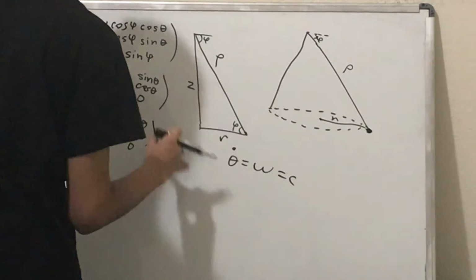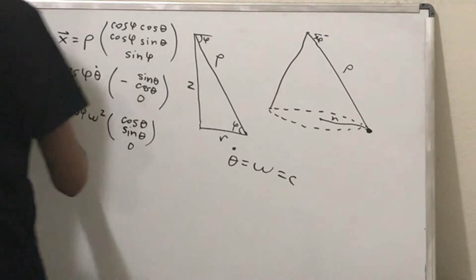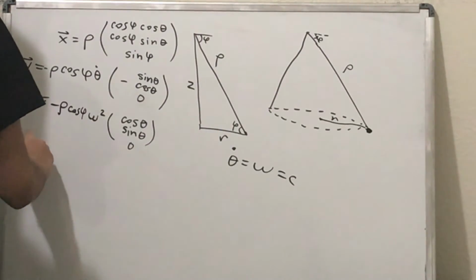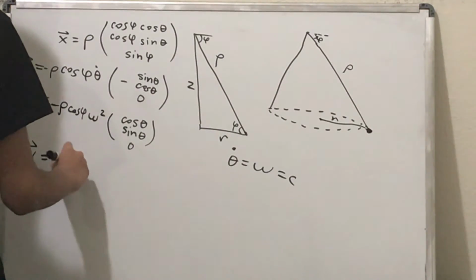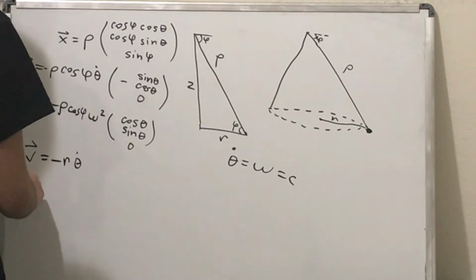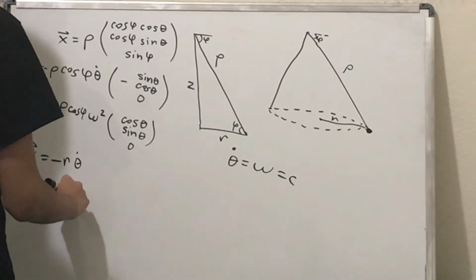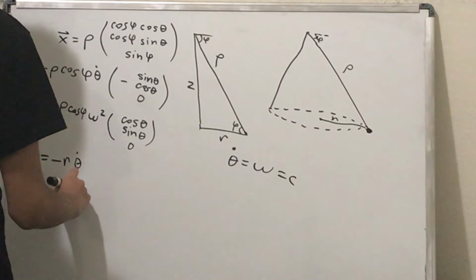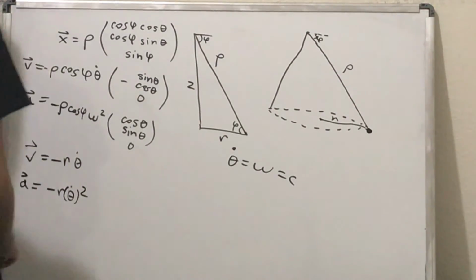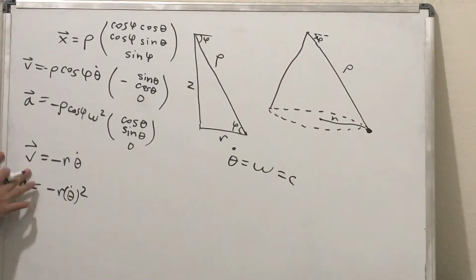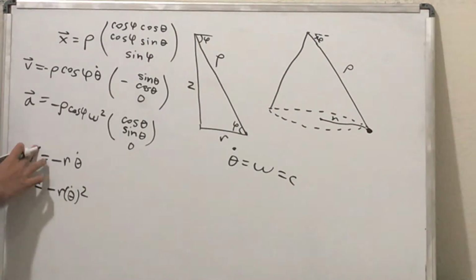So actually, this right here can be replaced with r. So we do get that v is negative r theta dot, and then a is negative r theta dot squared. Or, I'm sorry, these are magnitudes now, not the actual vectors. So the magnitudes are like that.